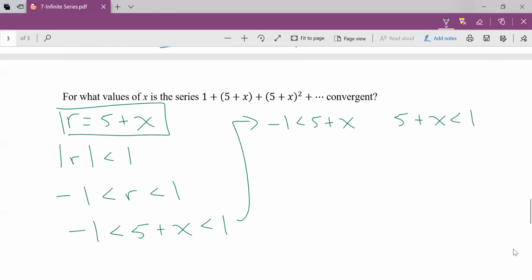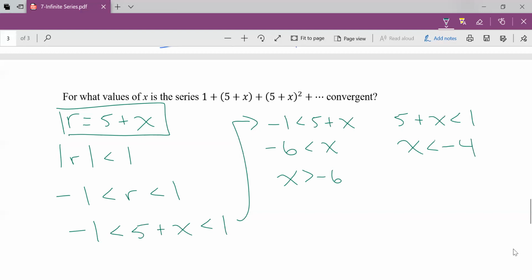Okay, I'm just going to isolate for x. So on this one, I'm going to subtract over the 5. So what do I have? I've got when x is greater than negative 6. And then on this one, I'm going to subtract 5. So I've got when x is less than negative 4.